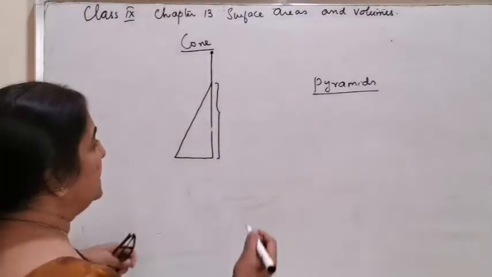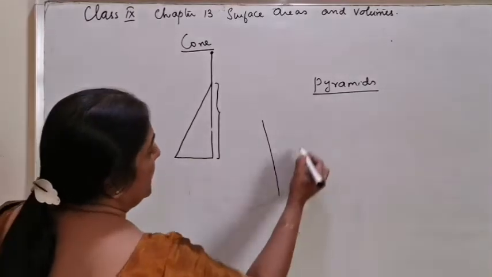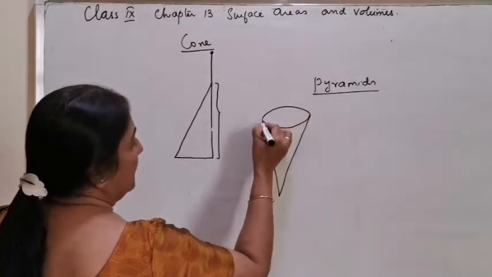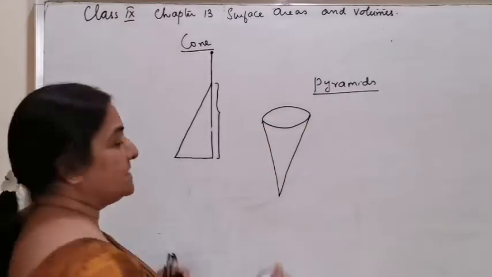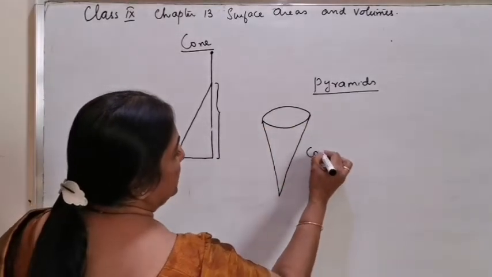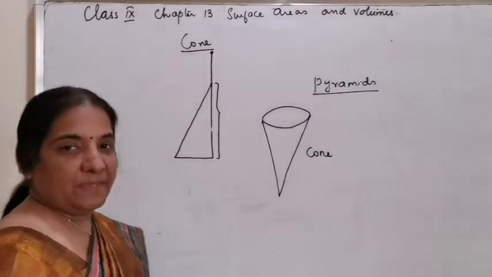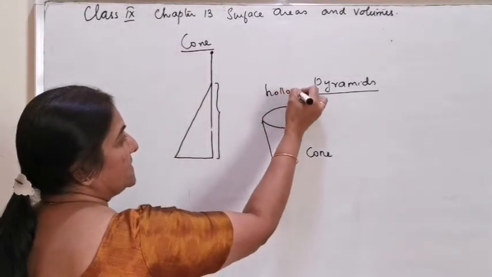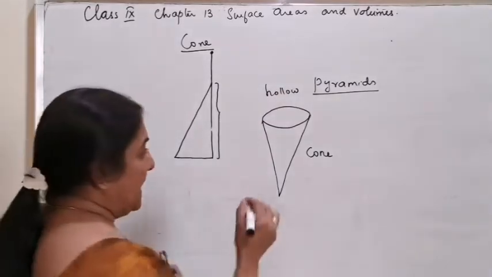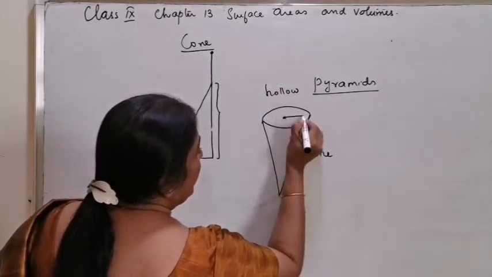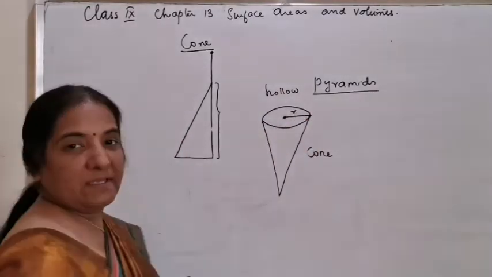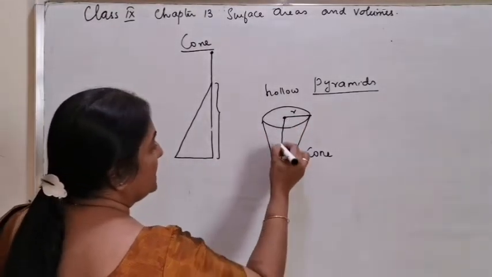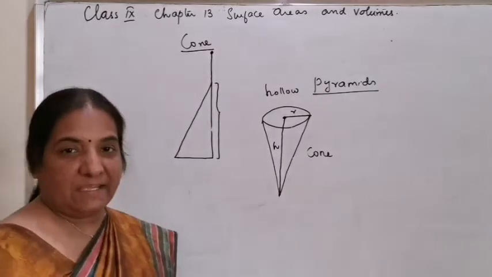You can imagine the shape formed as similar to this one, and this is the representation of a cone, and this is a hollow cone, and the radius is marked here as well as the height is denoted by h.